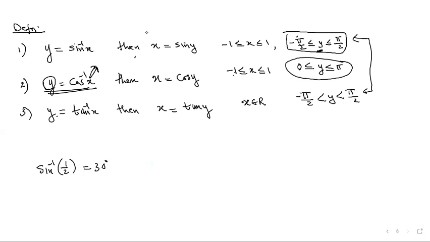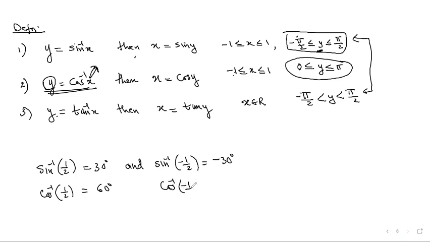And sine inverse of minus half is equal to minus 30 degrees. Cos inverse of half is 60 degrees. Cos inverse of minus half will be, tell me. 180 minus 60. Very good, 180 minus 60.